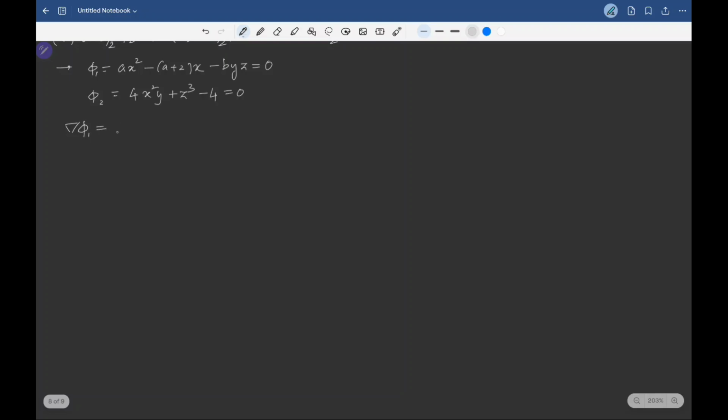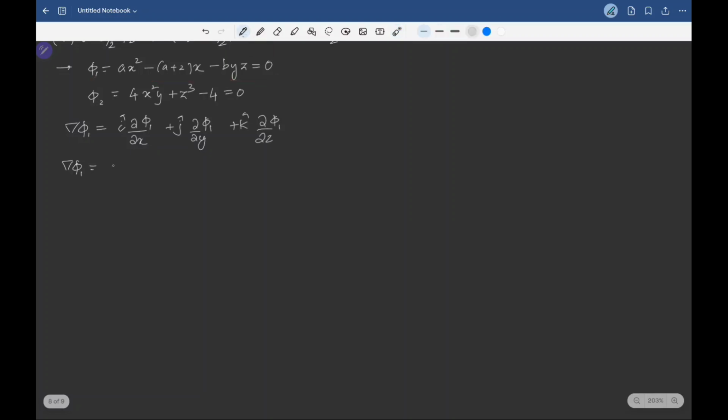Now we have to be careful, we have to first write the definition of the gradient. Del is i cap del by del x plus j cap del by del y plus k cap del by del z of, sorry, I stand corrected, this is phi 1. So del of phi 1 is differentiate this function with respect to x, treating all the other variables as constants.